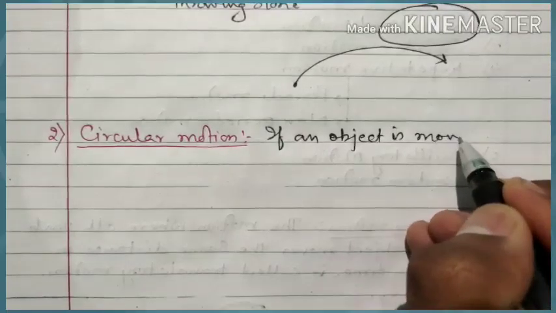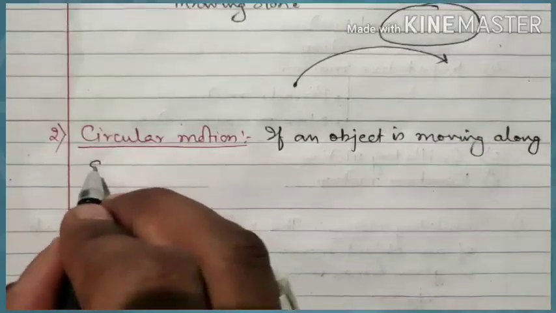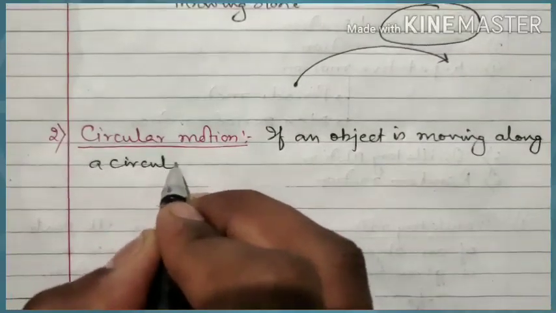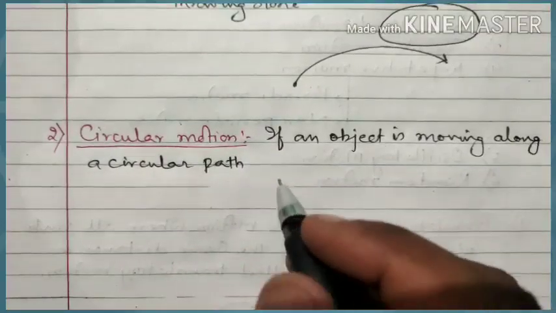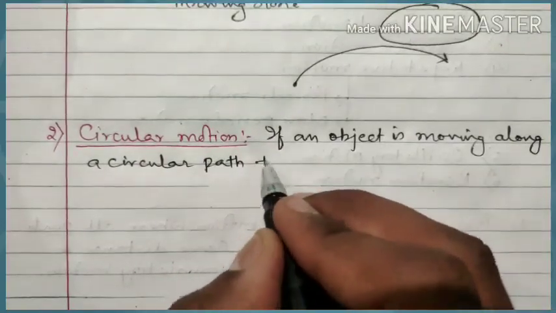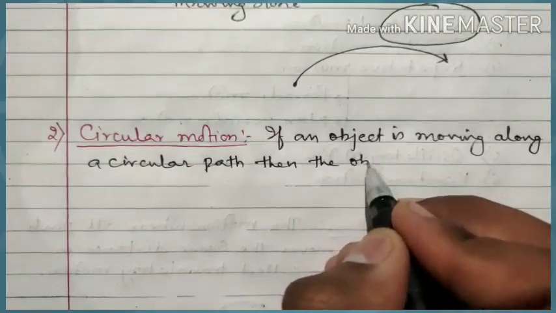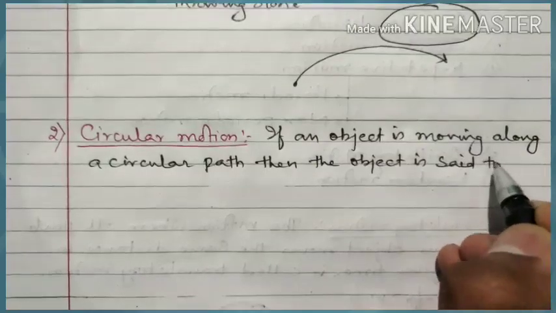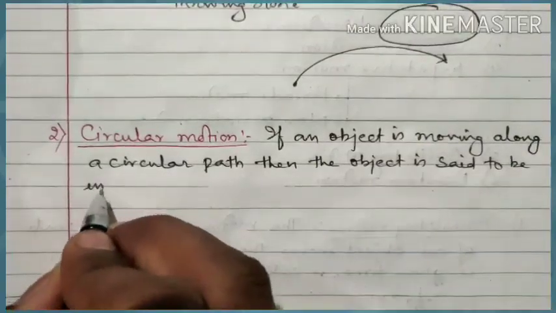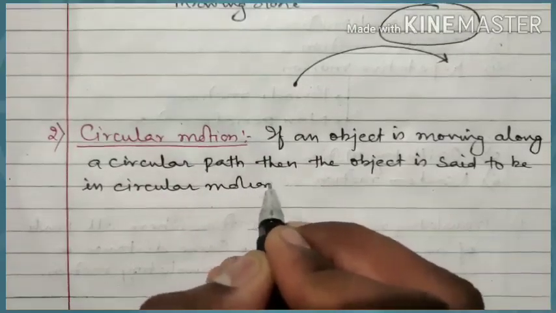Or we can define it: if an object is moving along a circular path, then the object is said to be in circular motion.